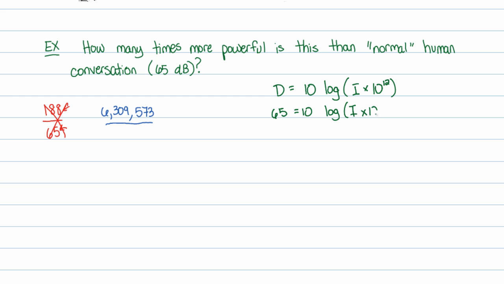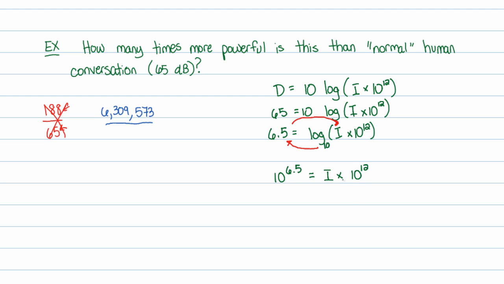I'm just going to solve for I. Divide both sides by 10. I'll get this, and then do the circular argument, right? This says that 10 raised to the 6.5 power should be equal to the inside. I'll write that down. 10 raised to the 6.5 power should equal the inside.